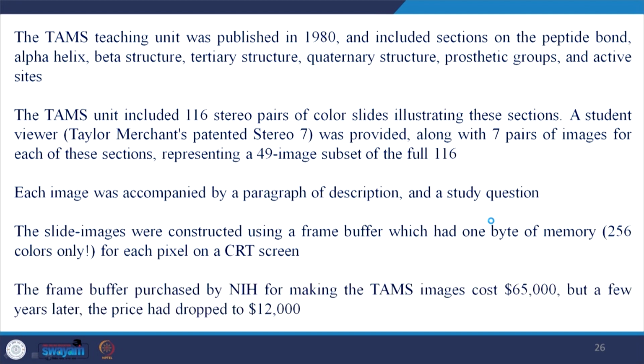The frame buffer purchased by NIH for making the TAMS images cost $65,000, but a few years later, with more refining and improvement, it came down to only $12,000, which at that time was a real good price drop.